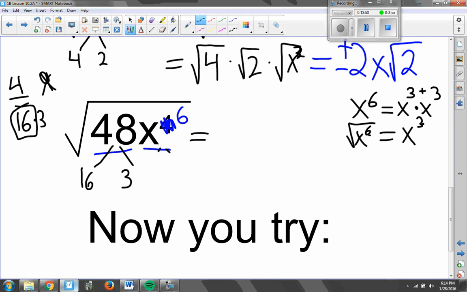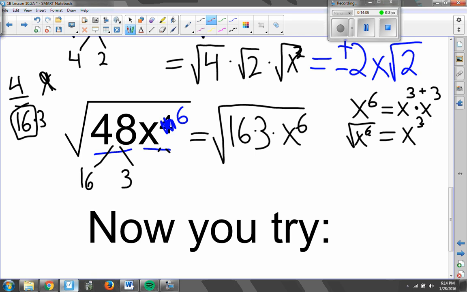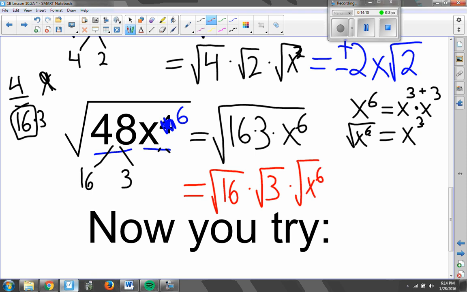Now again, I'm going to split my 48 into 16 times 3. I'm still timesing by x to the 6th. Now I'm going to split the square root symbol around it. Square root of 16 times square root of 3 times square root of x to the 6th.